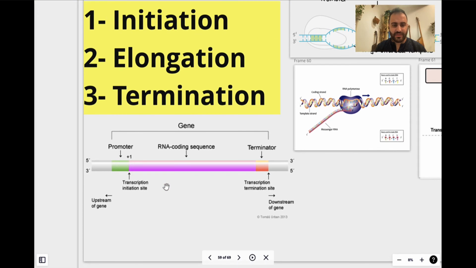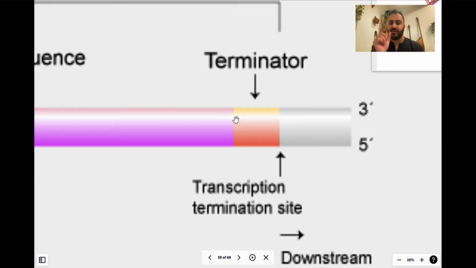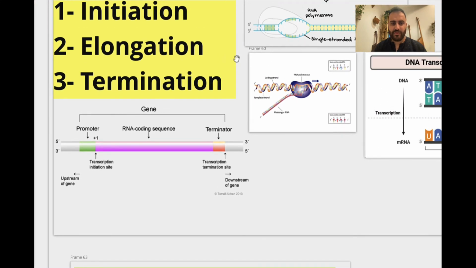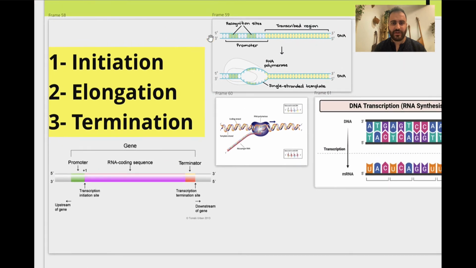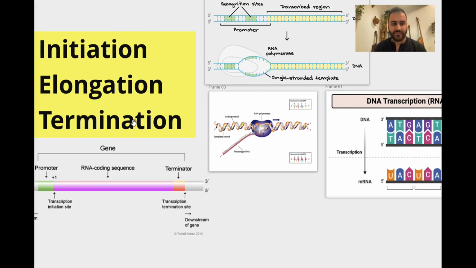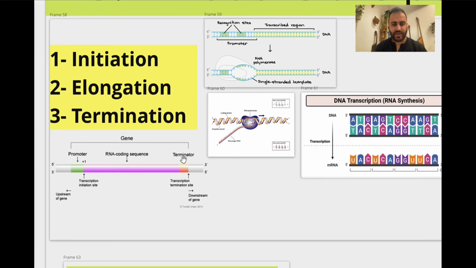Then at the end region of the gene, we have a small fragment or sequence called the terminator. And the terminator marks the end of transcription. So in brief, initiation starts in a promoter region, then elongation happens by the action of DNA polymerase. After that, termination will take place in the terminator region. And these are the 3 steps of transcription.